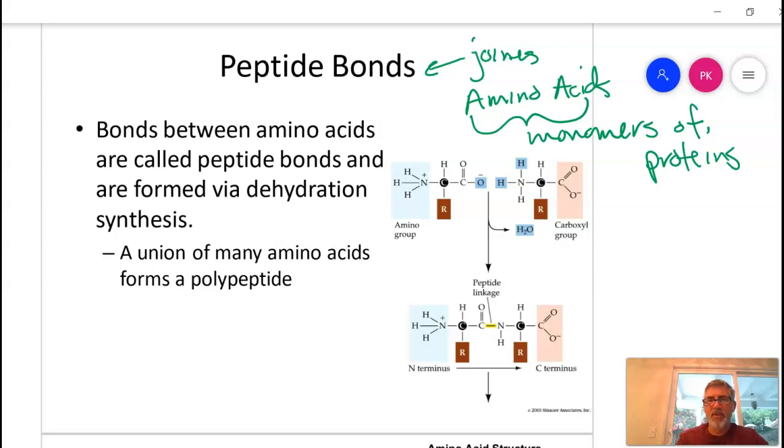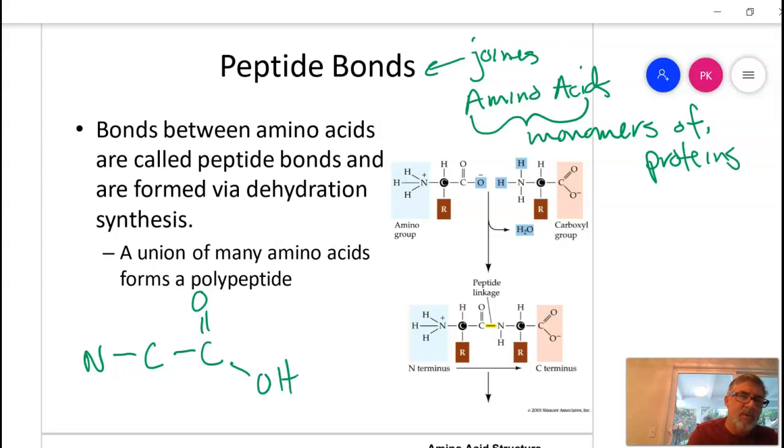Right? So all amino acids have the same formula. So we have N, we have C, we have C. All right, so R, this is my functional group.